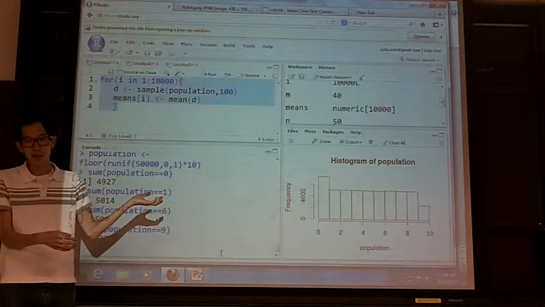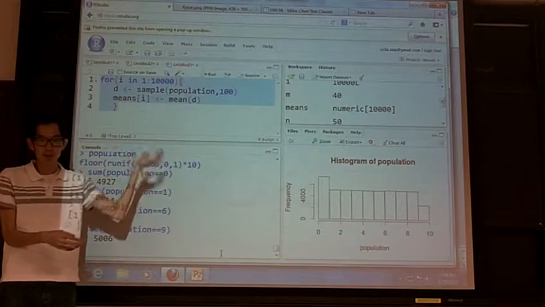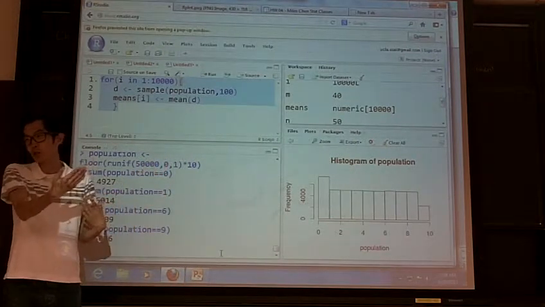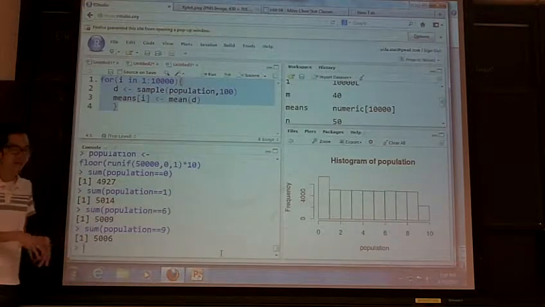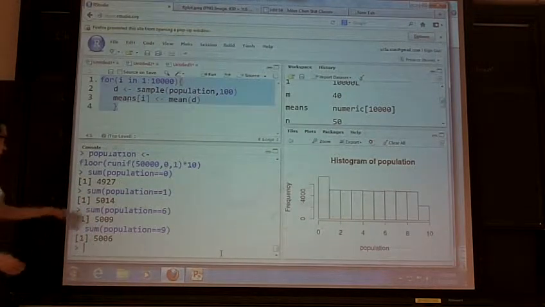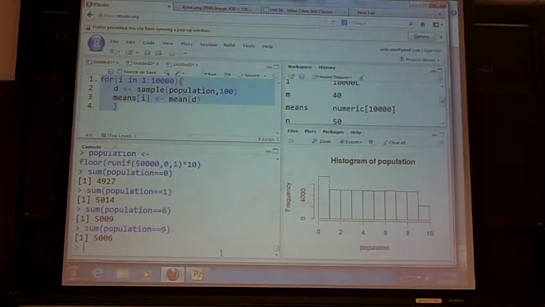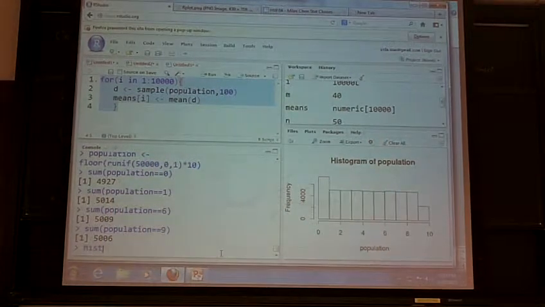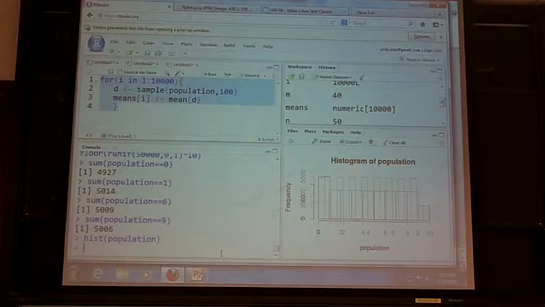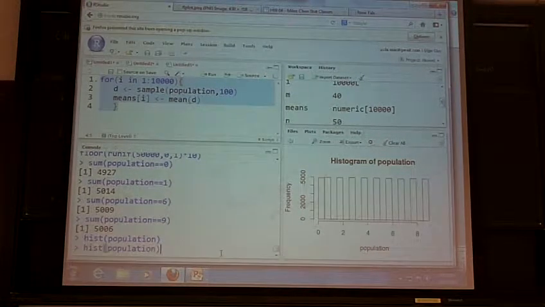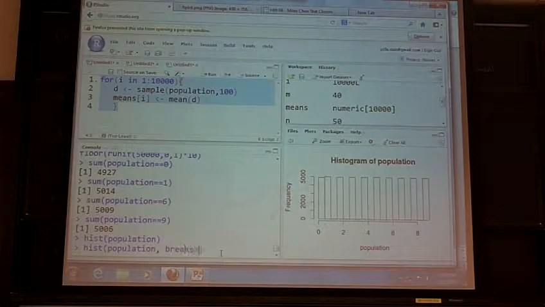So when a number was generated and it came out to be like 0.6, it would round that up to 1, and so things got messed up. But by doing floor, it should even out, and so if I do histogram of population, there we go. That's what I wanted.